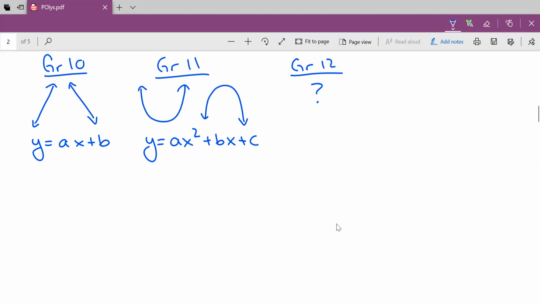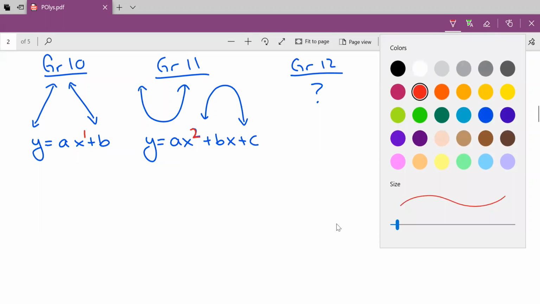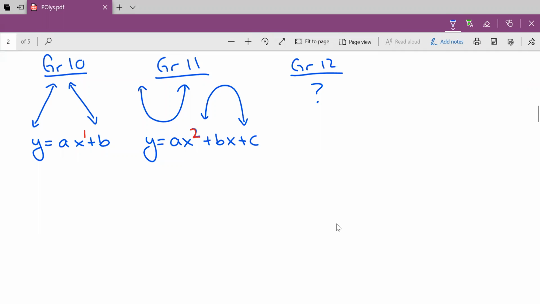So what did we have in grade 10? Well, this linear, what I want you to notice is that the highest exponent that we actually have is 1. And the highest exponent that we have in grade 11 is 2. So if you had to take a guess, what do you think the highest exponent we would have in grade 12 be? You got it. We are going to step it up a level, and we're going to go up to degree 3. And in fact, we're not going to just stop at degree 3.